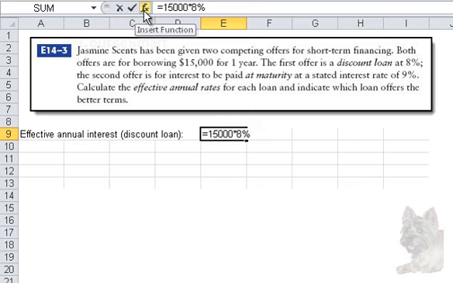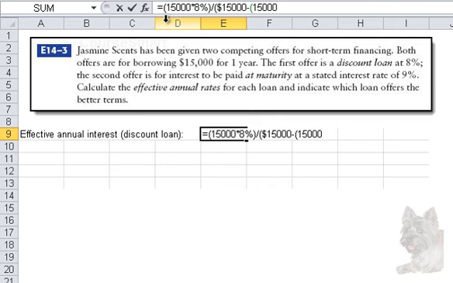I'm going to take 15,000 times 8%. I'm going to put parentheses around that, and then I'm going to divide that by, it's a discount loan, the $15,000 minus the $15,000 times the 8%.